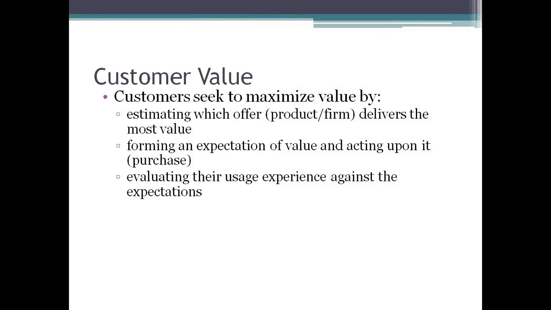Once the consumer finds the expectation they have of this value, then they will act upon it and make a purchase. If they did not purchase from you, something in the value formulation caused them to believe that your product gave them less value. And it could be something as simple as you didn't have online ordering.